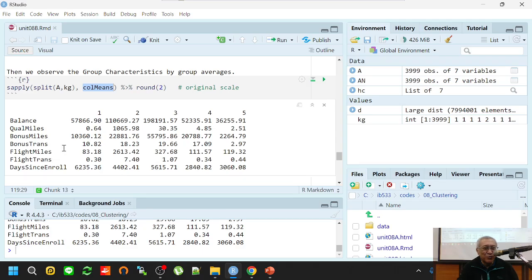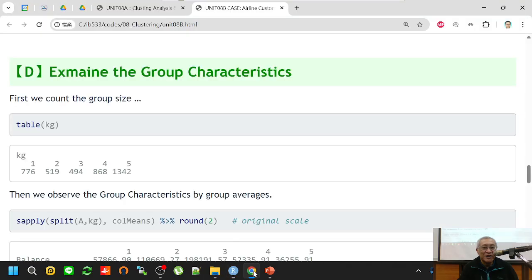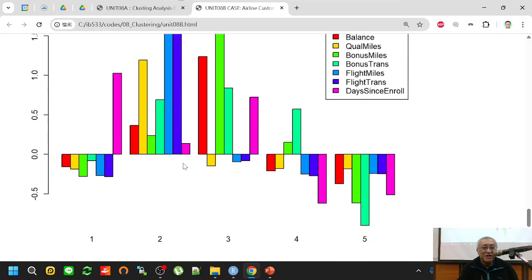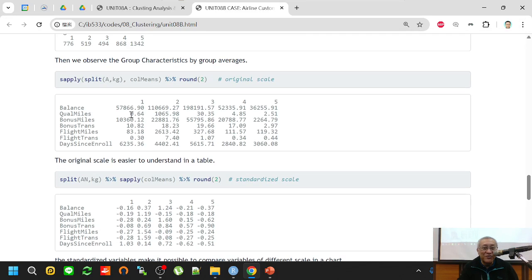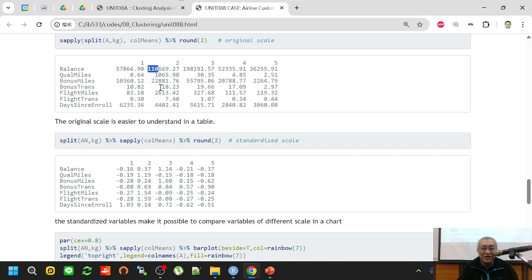But if you want to visualize this difference, it is quite difficult because the scales are very different, right? If I try to plot them into a bar plot, because some of the numbers are in the 100 thousands, and some of the numbers are below 20 or less than 1, right?